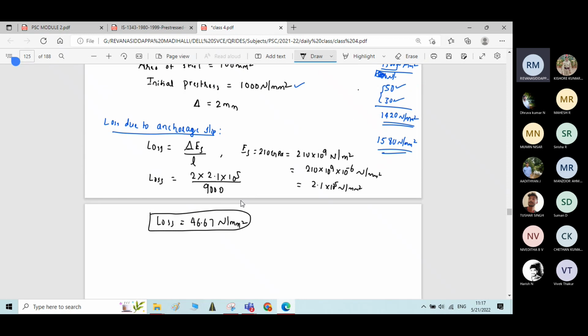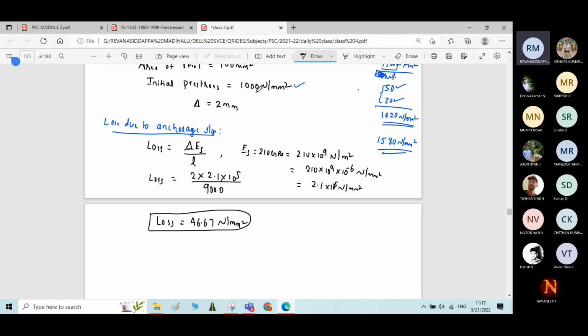To overcome this loss due to anchorage slip, what do we have to do? We have to add this 46.67 to the initial pre-stress.